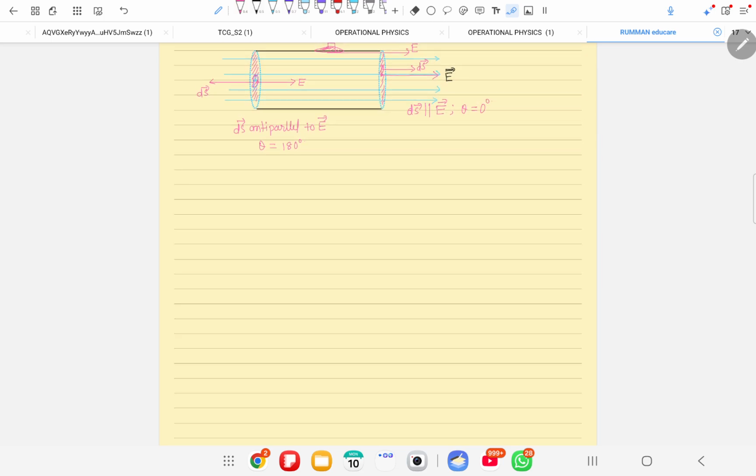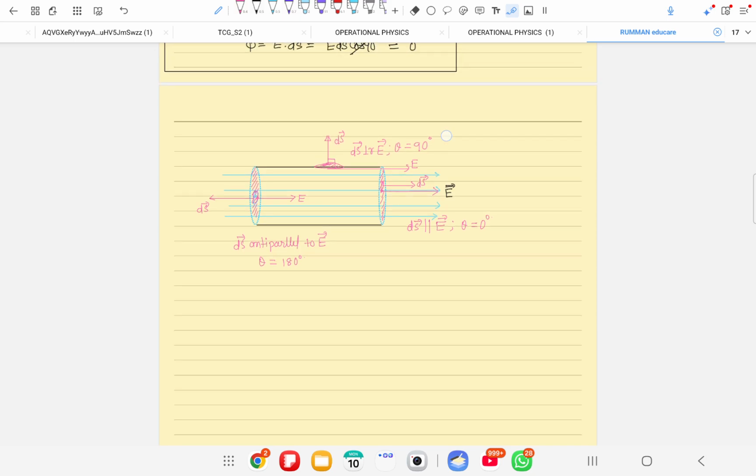So suppose we have a region, and I extend this cylindrical part.